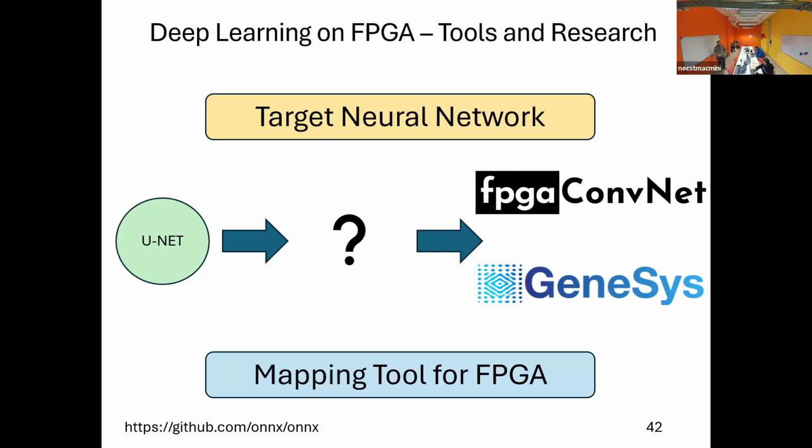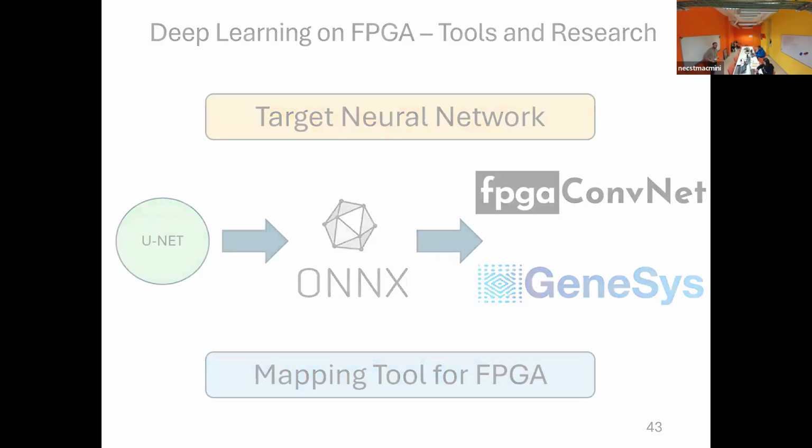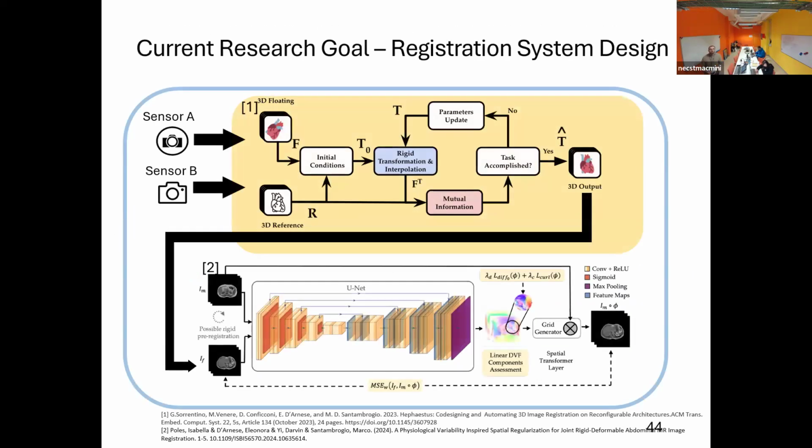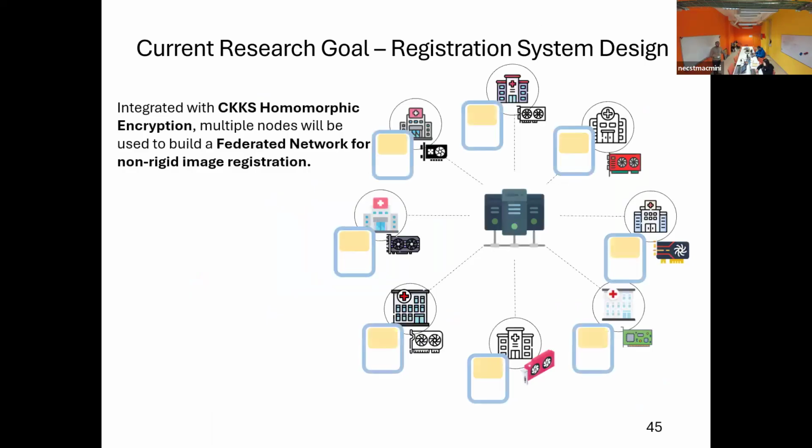Because we need some sort of intermediate representation for this task, and I'm focusing on the ONNX intermediate representation in order to transform a network into a proper graph that can be used by the tools for mapping it onto FPGAs. Thanks to this, I will be able to combine effectively the HLS output from these tools within the rigid pipeline and complete the federated learning step.